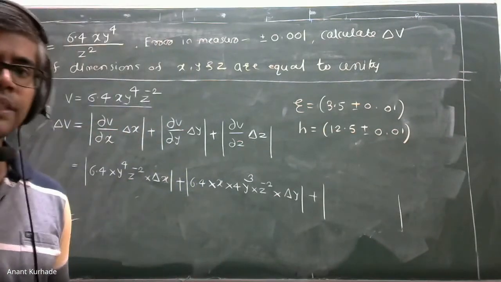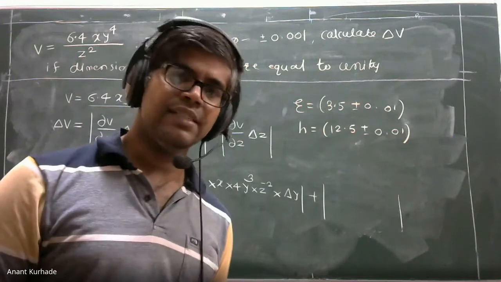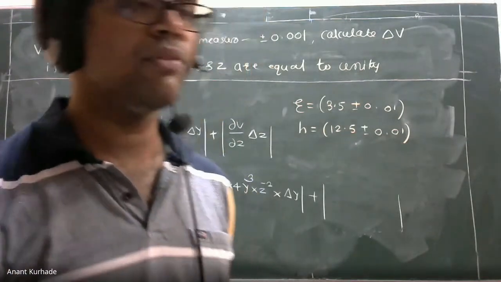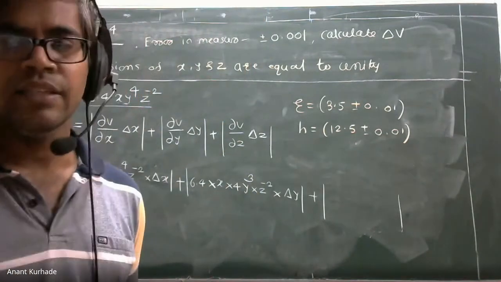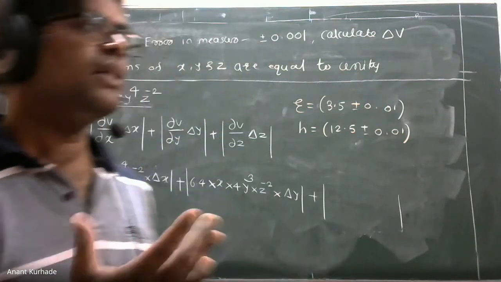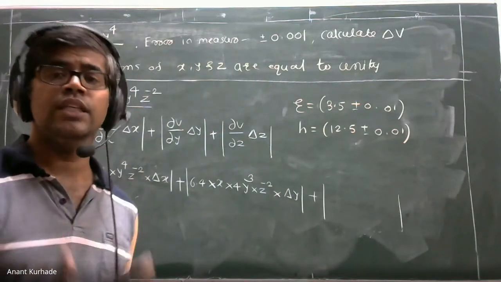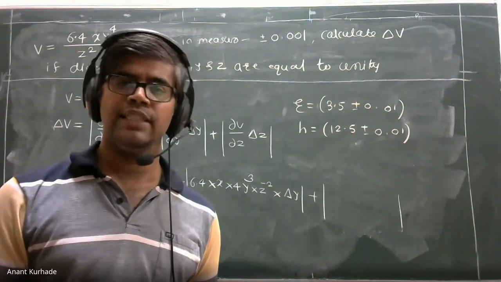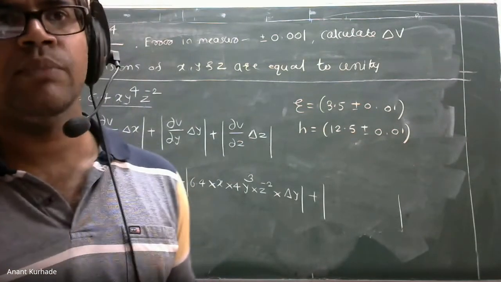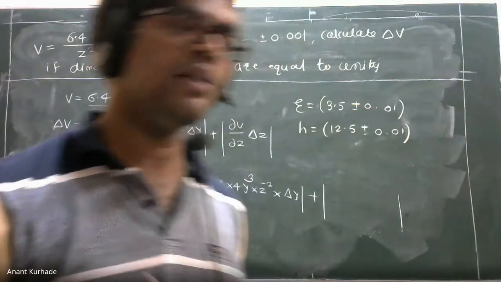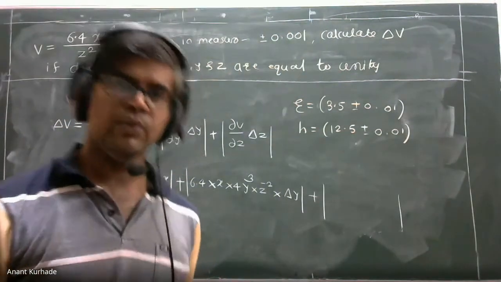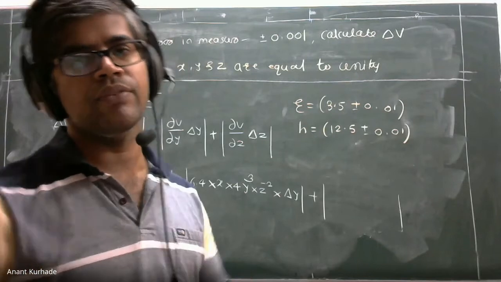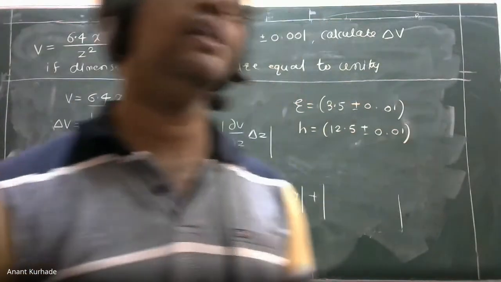If you make a mistake at the last step, yes, you can get a few marks, but if you make a mistake at the initial stage, suppose it is given e raised to x into cos x, and x is given as 1, and if you haven't changed the mode of the calculator from degree to radian, if you keep degree, you get a different answer. If you give radian, you get a different one.